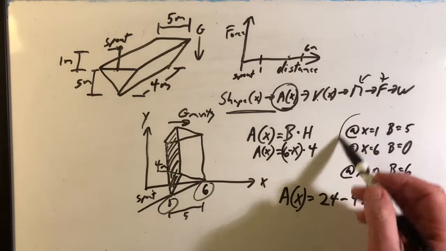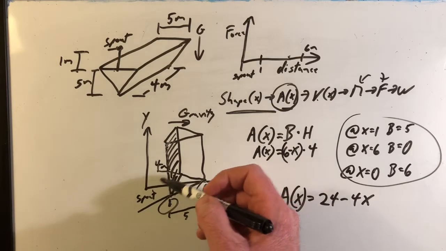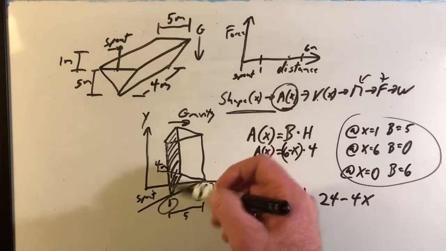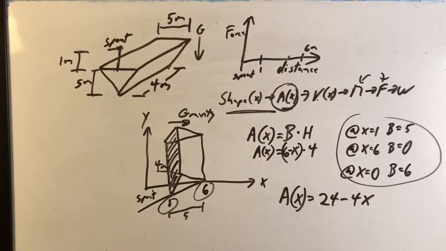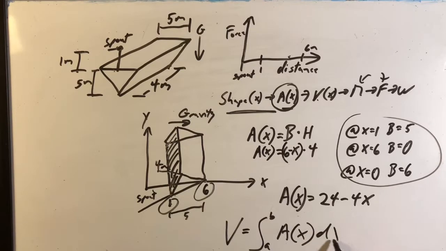That's all taken care of with this calculation right here. And I don't really have to worry about this part above the tank, because I'm going to calculate that later. So knowing this, if you remember, volume equals the integral from b to a of A of x dx. Okay, so next board.